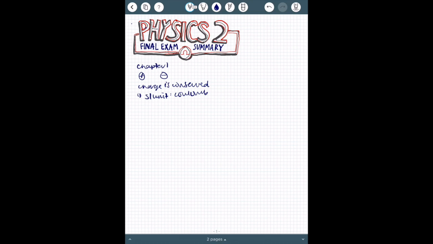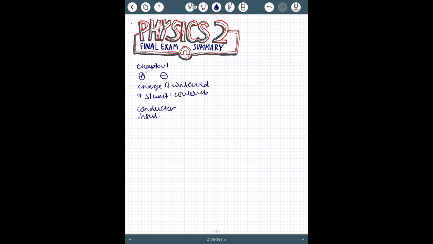So let's talk about the second subsection now, and that's electric conductors and insulators. So we have three different types of materials which vary in how easy or difficult it is for a charge to move. So we have a conductor. A conductor is basically something that is really easy for charge to move.